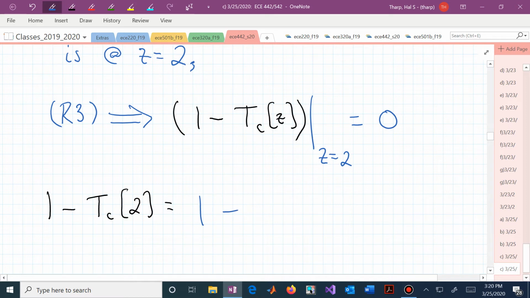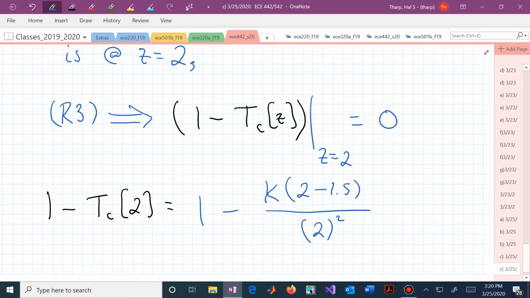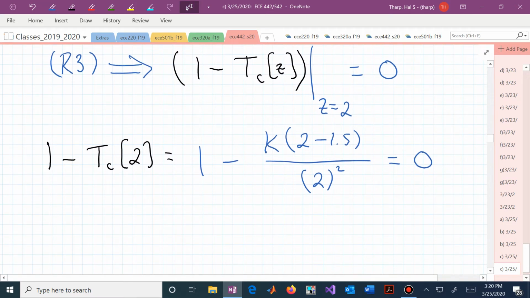That's 1 minus k times z minus 1.5, with z replaced by 2, over z squared, and we set that equal to 0. Whether or not we'll be happy with what we end up with is another story, but now we have one equation in the one unknown k.